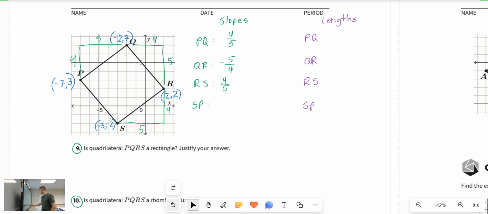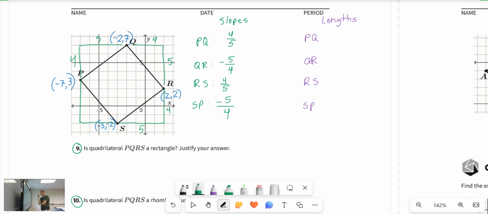If we go from P to S, we go down 1, 2, 3, 4, 5, right? Down 5, and then over 1, 2, 3, 4, and over 4.